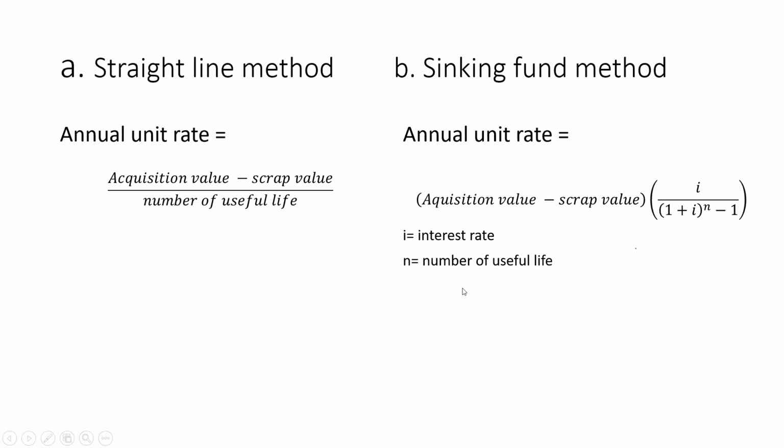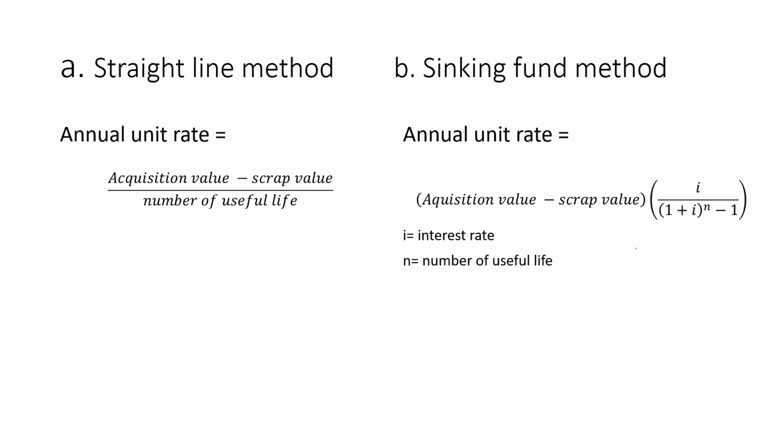So using the same question I used the other time, let us use sinking fund. We already used the straight line method. For sinking fund, the acquisition value is 20,000 naira. That will be 20,000 naira minus the scrap value, 11,000 naira, into bracket. Now the I, for me to use sinking fund, they will give us the interest rate.